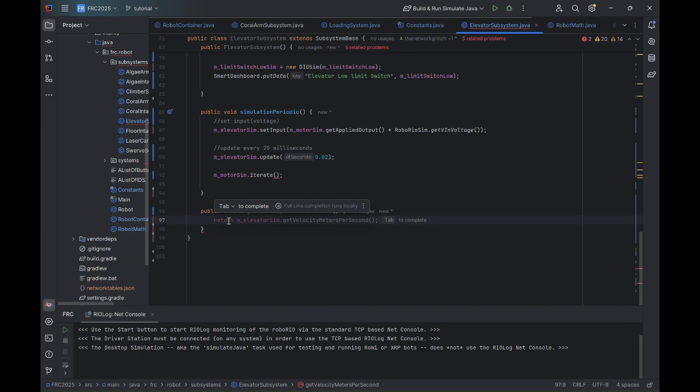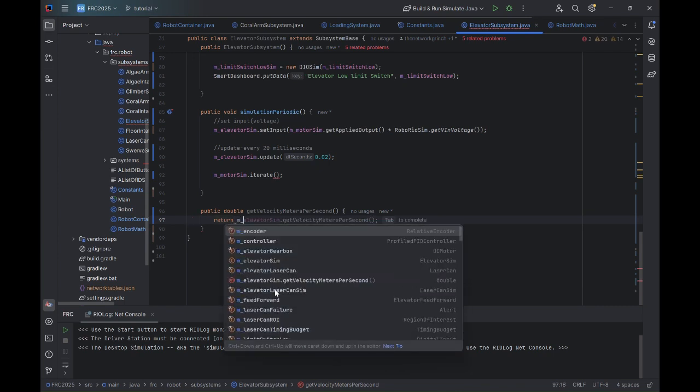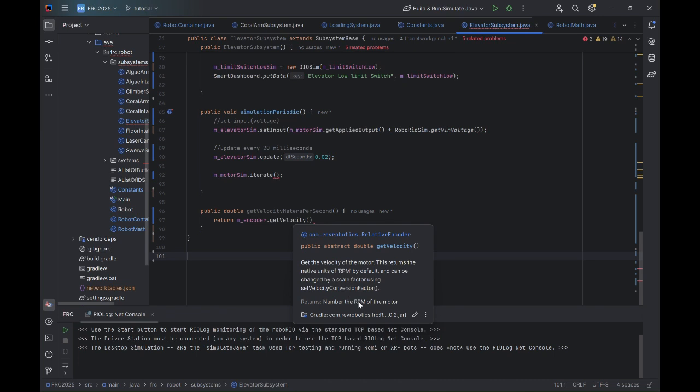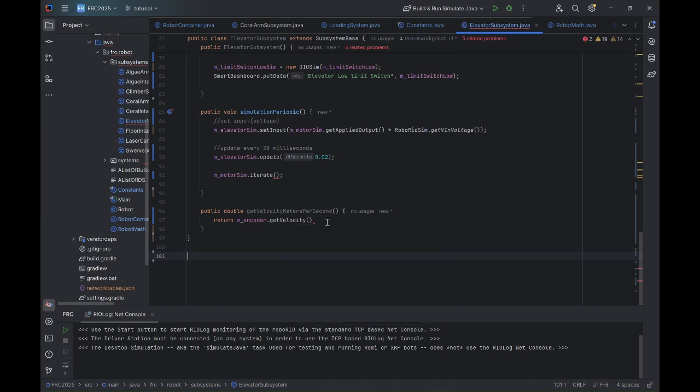So we get our velocity from the encoder. Encoder get velocity, and that's in rotations per minute. So we want to convert it to meters per second. From minutes to seconds, we just divide by 60.